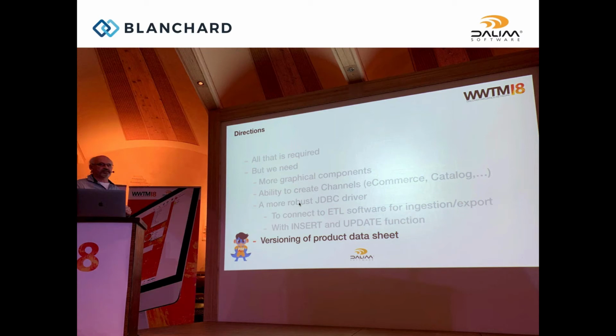We need more graphical components, the ability to create channels like e-commerce and catalog, and a more robust JDBC driver, because obviously people are pulling information in and out of PIM systems, and that being used to connect to ETL systems, ingestion of information, and versioning of product data sheets.